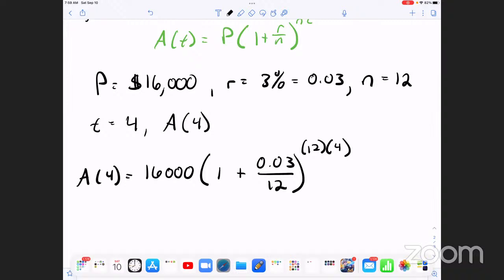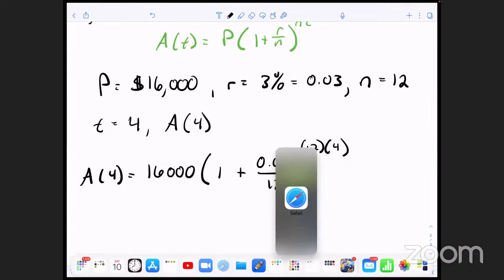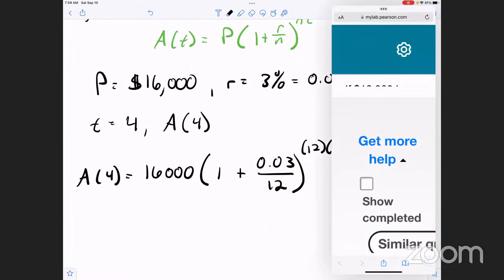From this point, this is a calculator problem.